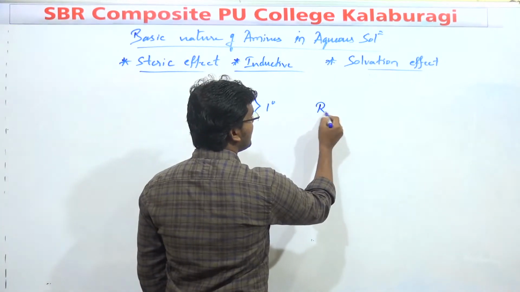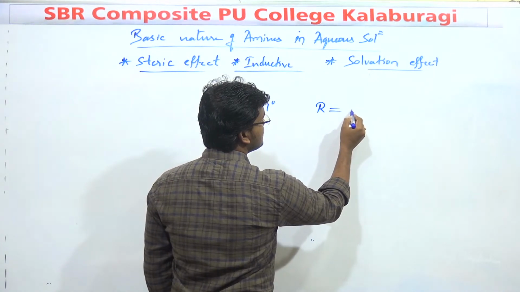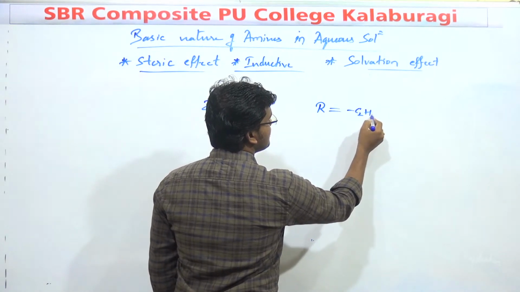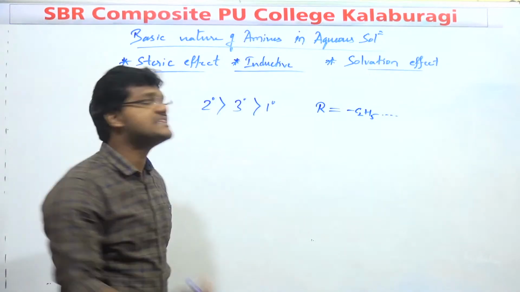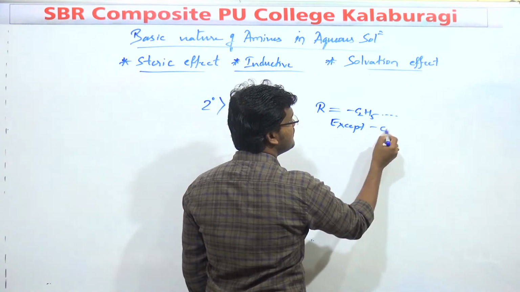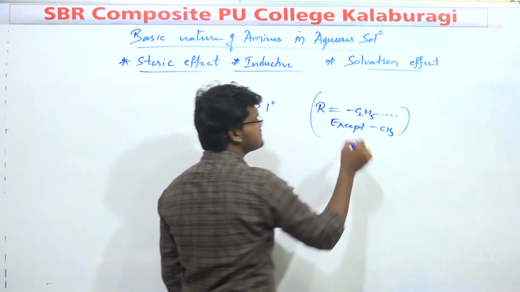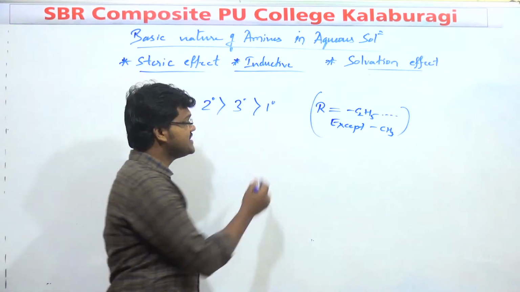Where R is ethyl, propyl and so on, except methyl. So what happens in the case of methyl?